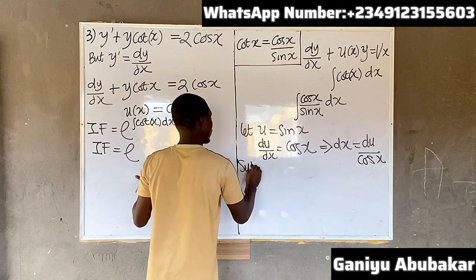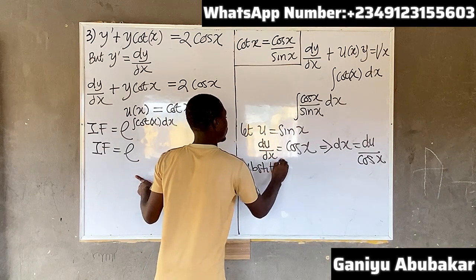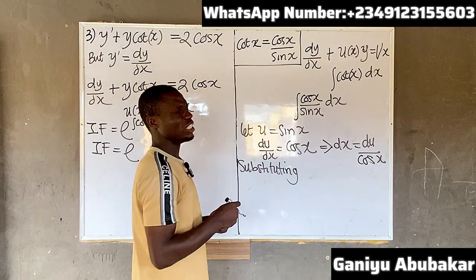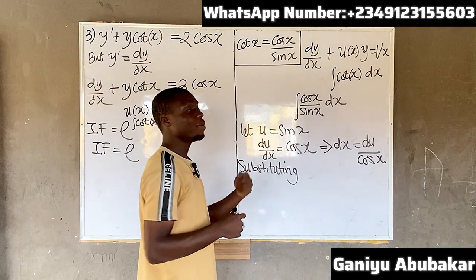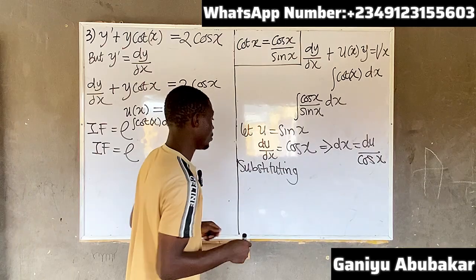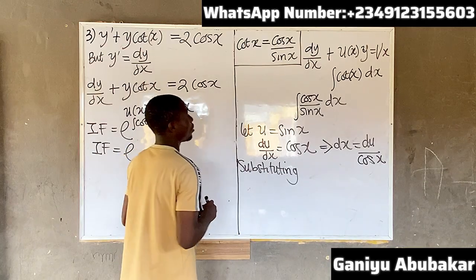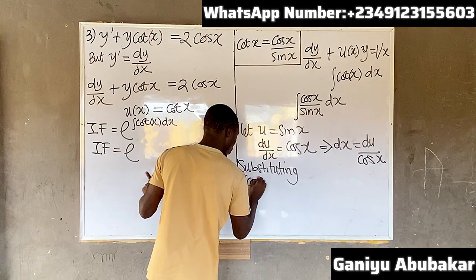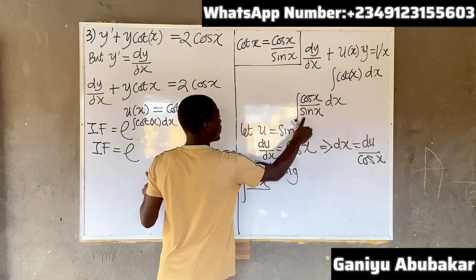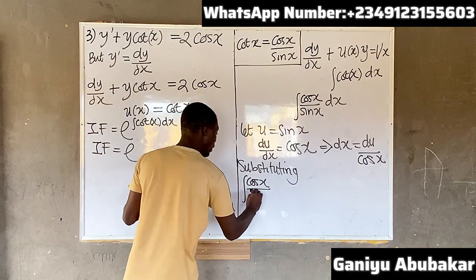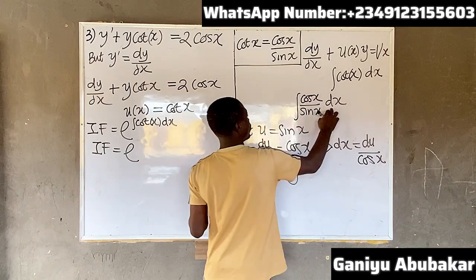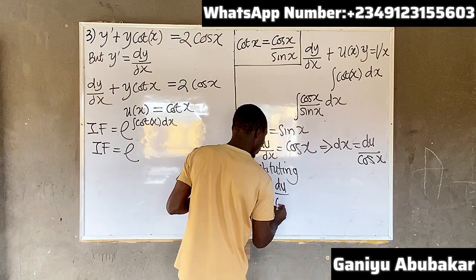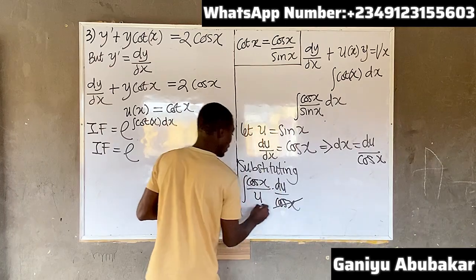Substituting. What I'm doing here is called the substitution method of integration. You should know this before now. That gives you the integral of cos x over sine x. Sine x is u, and dx is du over cos x. This cancels this.